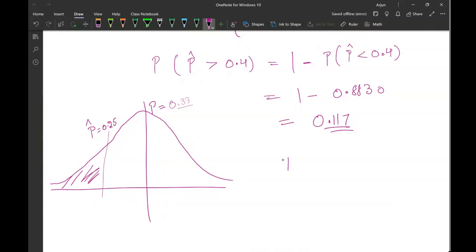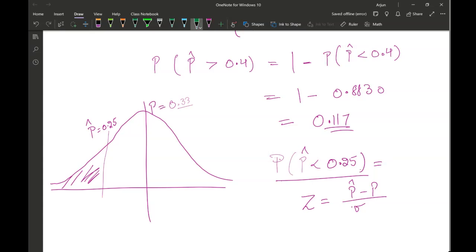Again, same old story. First of all, let me write down, I'm looking for the probability of p hat less than 0.25. That's what I'm looking for. And then to do that, I'll say the Z score is equal to p hat minus p divided by sigma p hat.